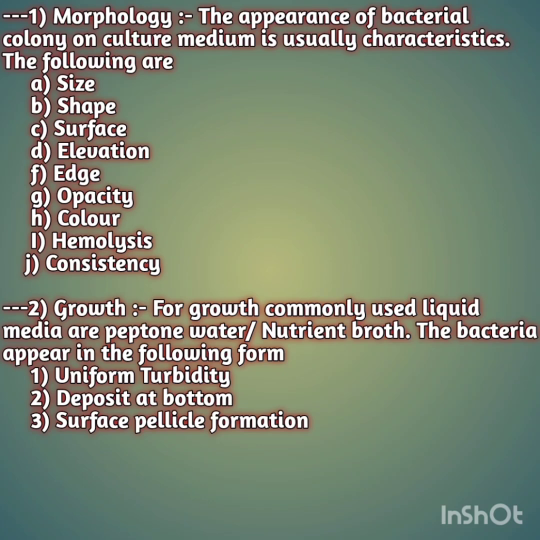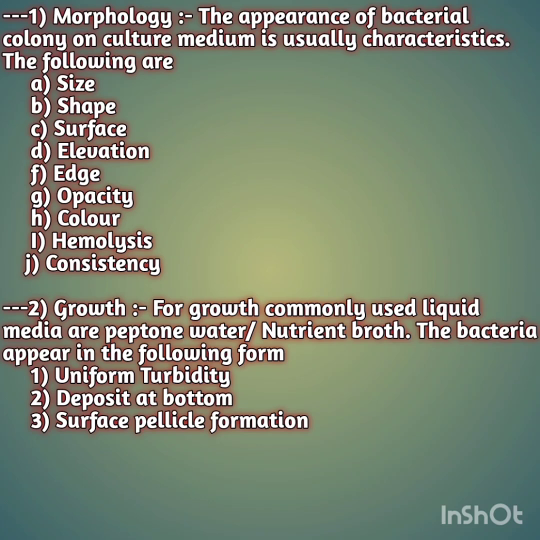Next, the second characteristic, that is growth. Commonly used liquid media are peptone water and nutrient broth. I have already discussed the basic nutritional requirements for bacterial growth, peptone water and nutrient broth, in my previous vlog on culture media and culture methods. For growth they need at minimum peptone water and nutrient broth.